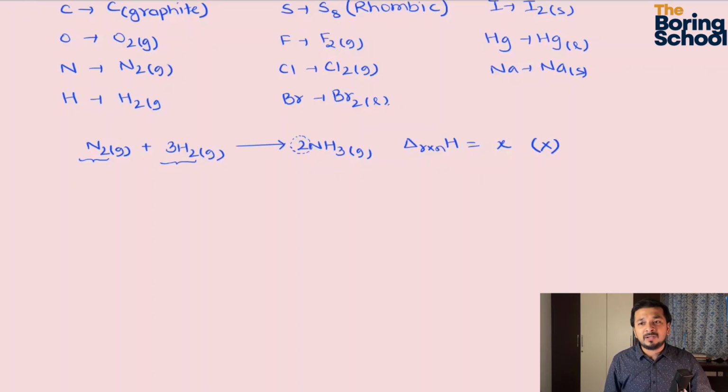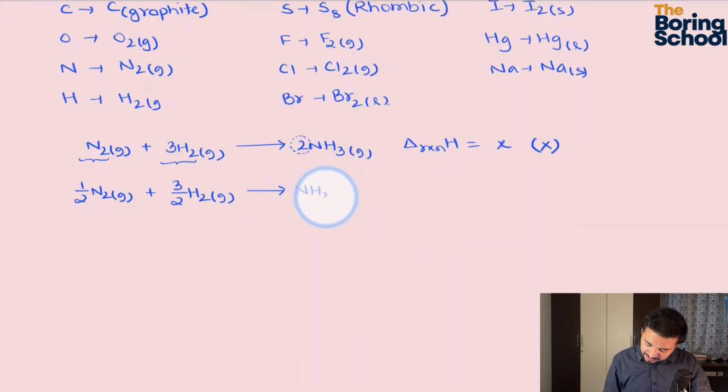Now, if I want the heat of formation of NH3, what do we have to do? There should be formation of 1 mole of NH3. To make the coefficient of NH3 1, we divide the reaction by 2. So it becomes 1/2 N2 gas plus 3/2 H2 gas giving NH3 gas. Now, what will be delta H for this reaction?